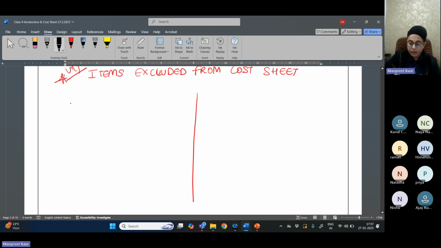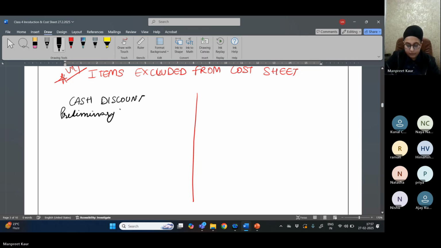First is the cash discount. Preliminary expenses written off. These are all expenses we will take up in the reconciliation statement, not in the cost sheet. Dividend paid.